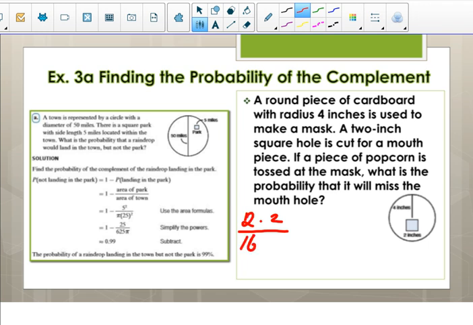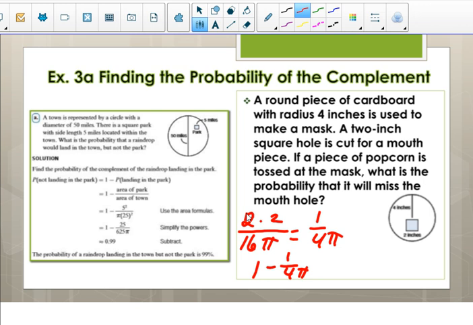So 16 pi. If I were to simplify this, this would be 1/4 pi. And so now I'm just going to take my answer, and I need to take that away from 1. So 1 minus 1 divided by 4 pi.